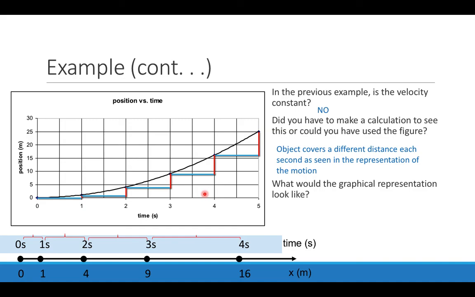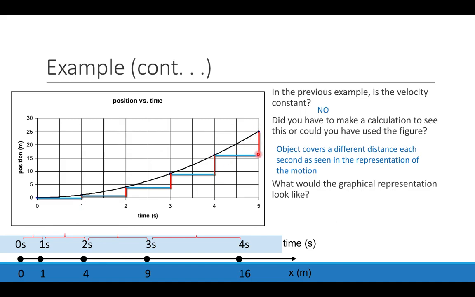So what's happening is when I make a graph of the position of this object's motion versus time, and the object is speeding up, what's happening is that the slope, or the rise over the run, so these are equal intervals of time, and these rises right here are getting bigger and bigger.